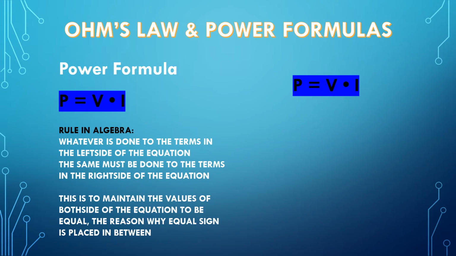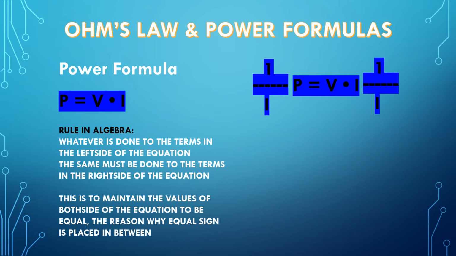So for power, P is equal to V times I, we want to separate V because we want to solve for V. So we multiply 1 over I to the right side.